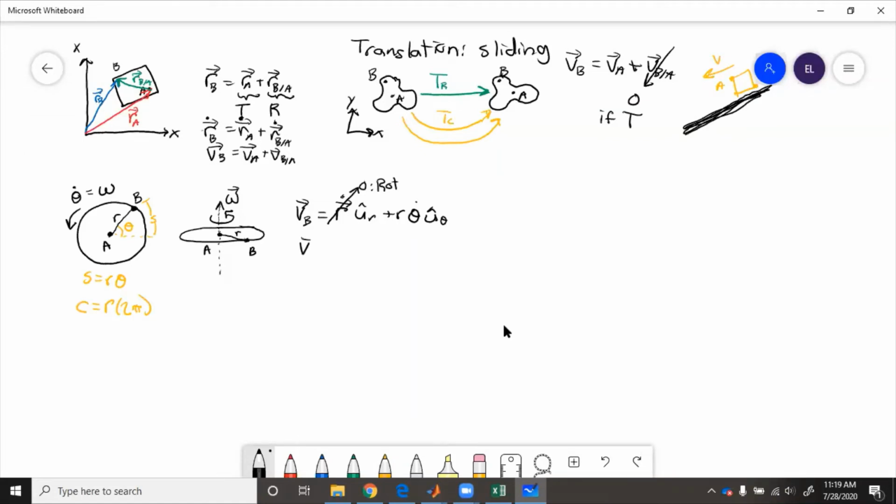So then we get that VB equals R theta dot U theta, which is the same as V equals R omega if we write it as a scalar. But the direction is going to depend on this. So we can also say omega cross with the radius. We'll get the direction vector.